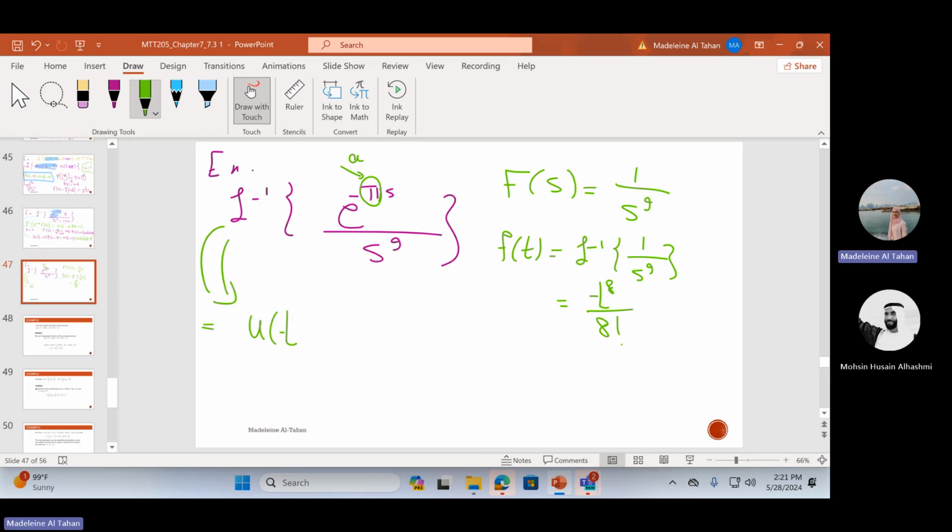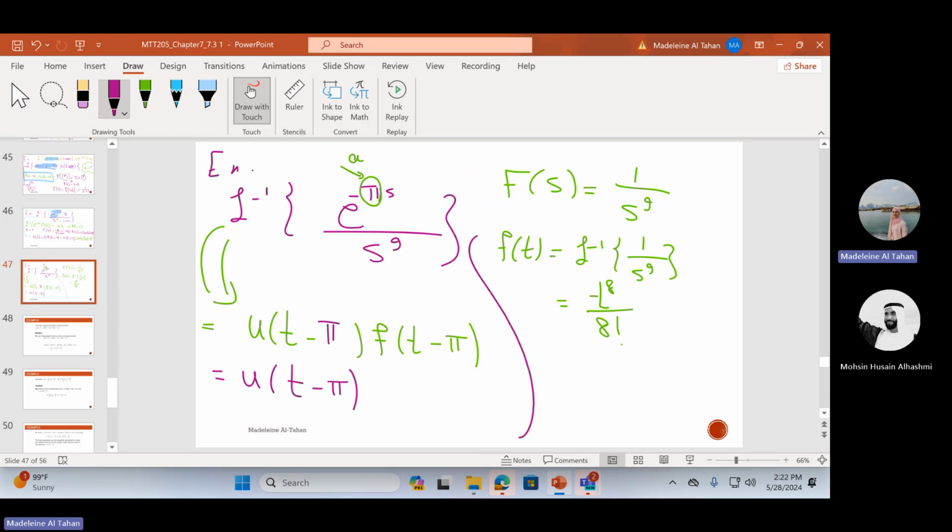So this one would be equal to what? u(t minus a), and instead of a, we will put 5. And what will we write here also? f of t minus 5, you already have it. Yeah, we have f of t.